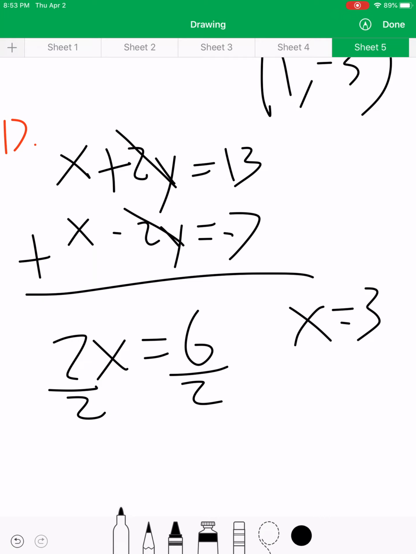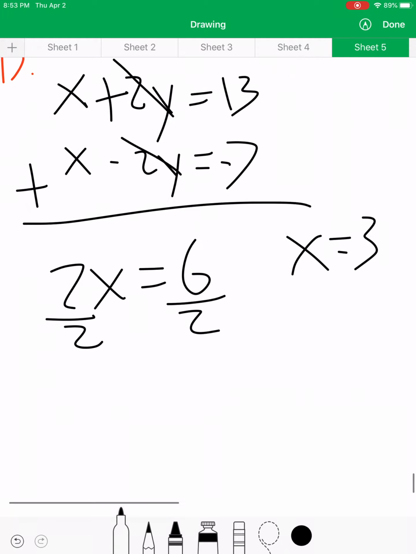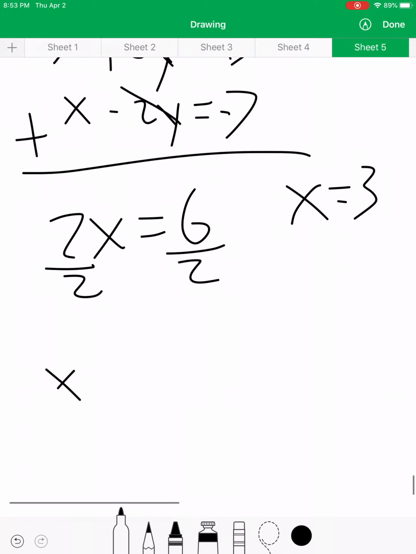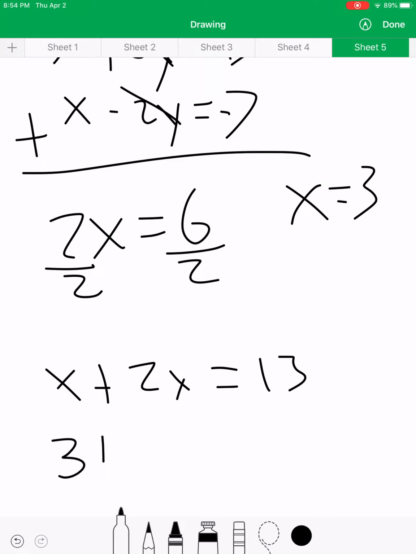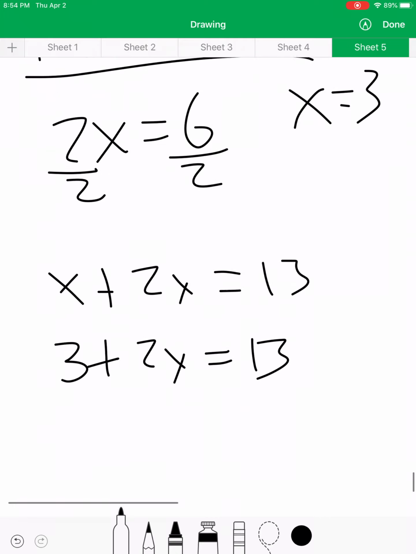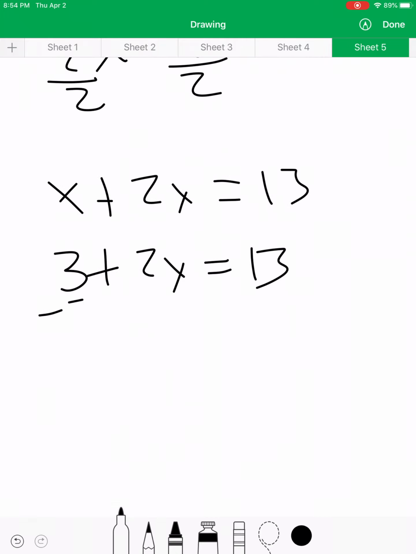All right, now that you know what x is, you can take that solution and plug it into one of your original equations. I'm choosing the first one, x plus 2y equals 13. So substitute your solution for x in for x. That's going to be 3 plus 2y equals 13. We're going to do minus 3, minus 3.